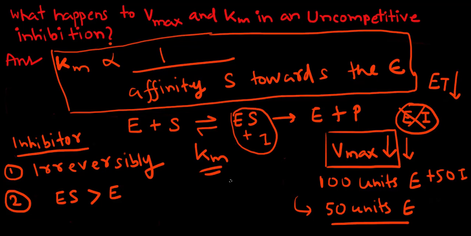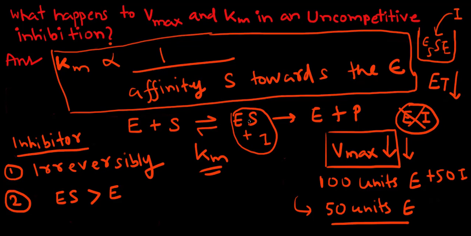So let us suppose this is the system. It has enzymes and it has substrates. When you introduce this uncompetitive inhibitor into the system, it is going to promote the formation of enzyme substrate complex, because the inhibitor has more affinity for binding with the enzyme substrate complex than with the individual enzyme.